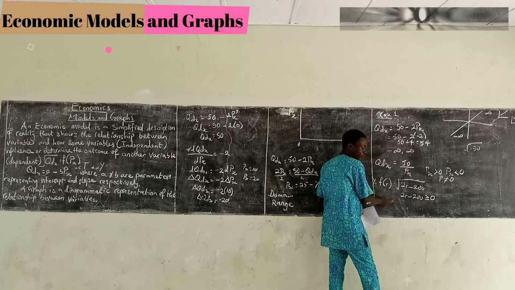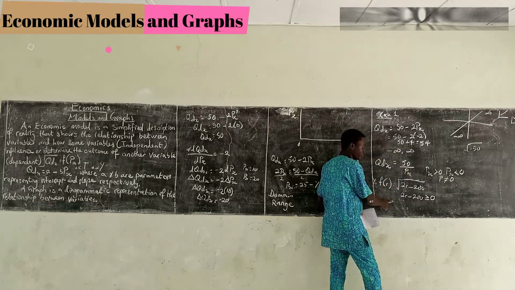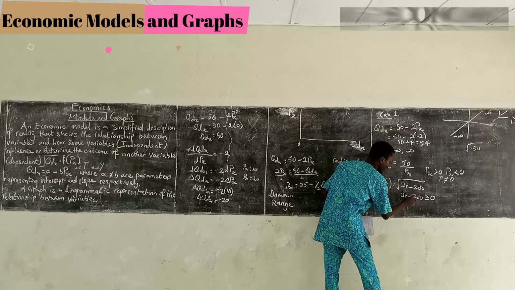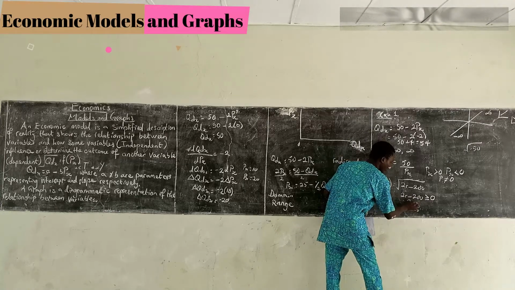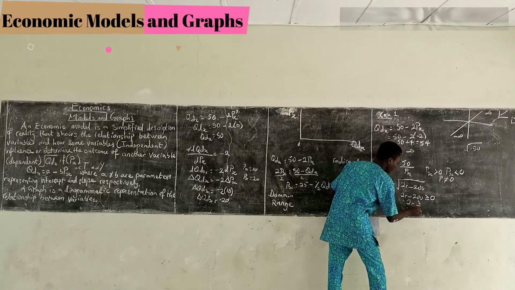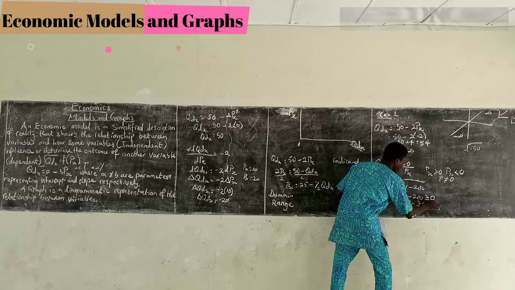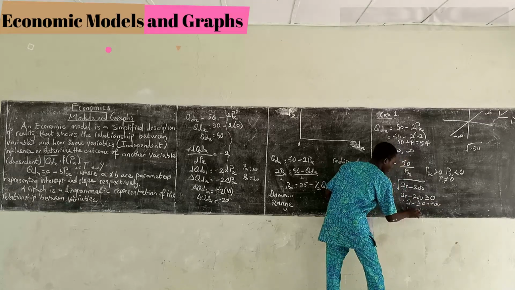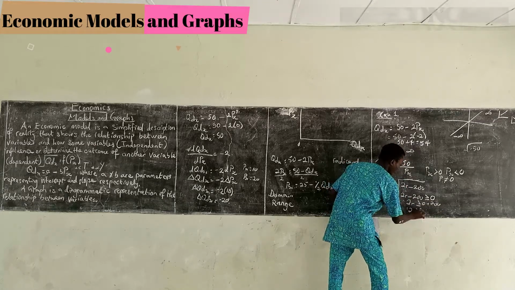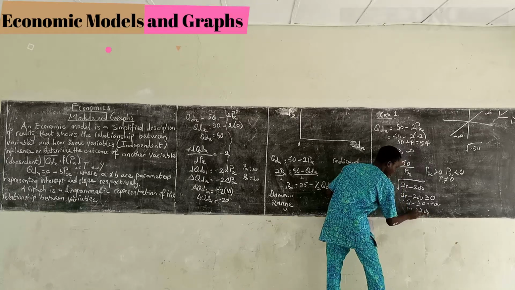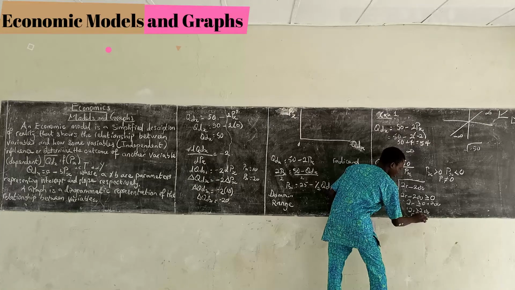So this will determine what our domain of r is going to be. From here we'll have 2r, this is just inequality, this is 0 plus 200. Then 2r greater or equal to 200. Then when you divide both sides by 2, r must be greater or equal to 100.